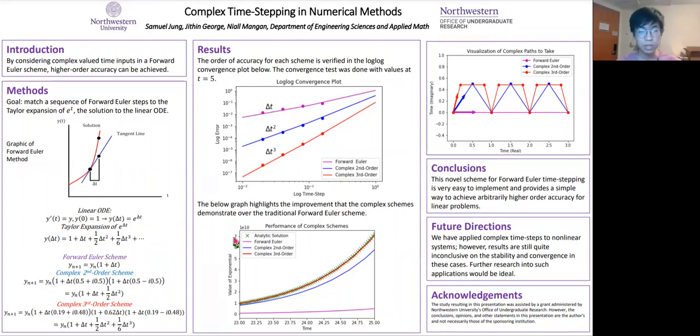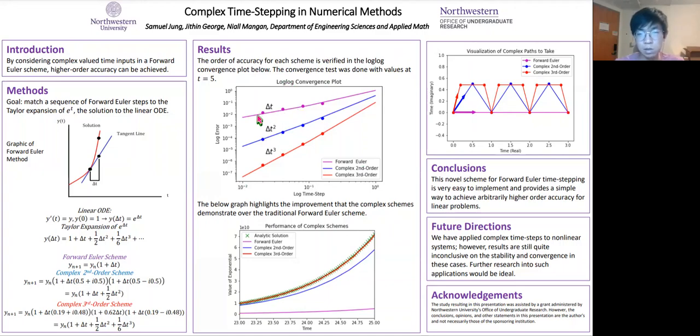Now that we have our schemes, we want to make sure that the theoretical accuracy that we're stating is matched experimentally. If we run this scheme on our linear ODE, then we should get second order accuracy. That's why we have this log-log convergence plot right here, and it shows us that that's actually true.